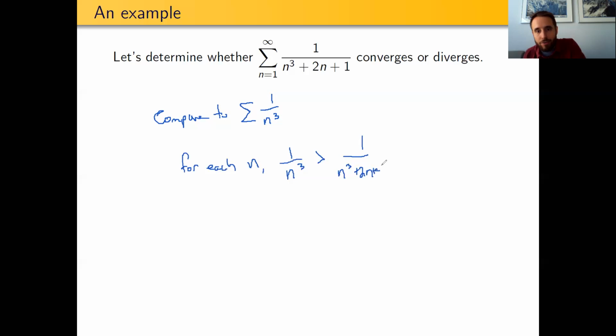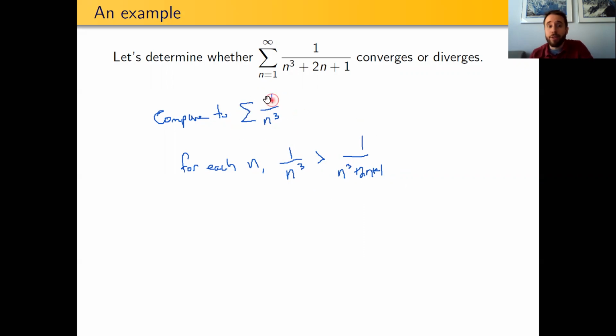Notice this is true because the denominator, n cubed plus 2n plus 1, is bigger than the denominator that's just n cubed for any value of n. So this denominator will be bigger, therefore the whole fraction will be smaller than that whole fraction. So for each n, we have that comparison, and we already know that this series converges.